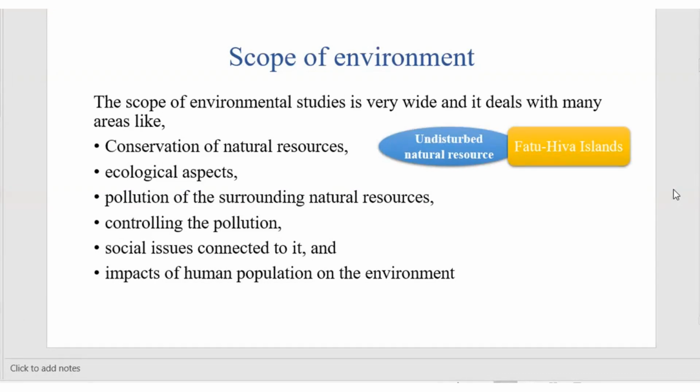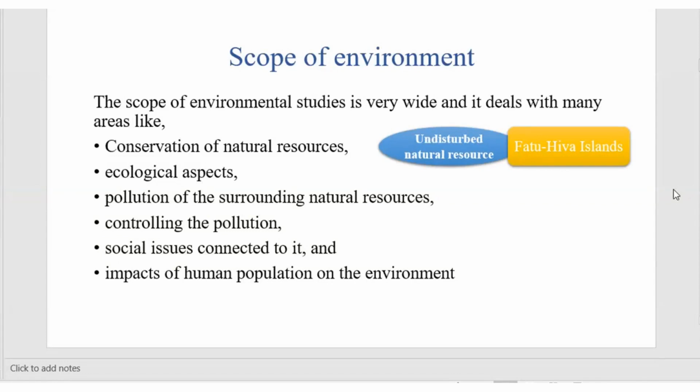So, the scope of environment. If I have opened this slide, I'll anyway discuss it. So the environment is important. You need to know how the environment is important for us. Of course we human beings are looking at conservation of environment because we want to protect it for ourselves.